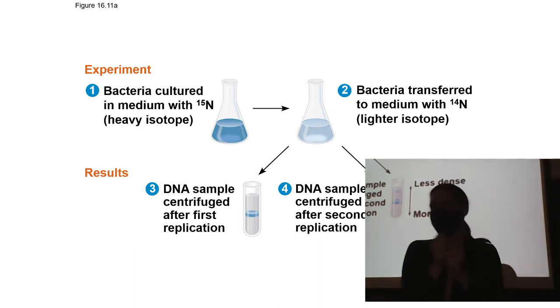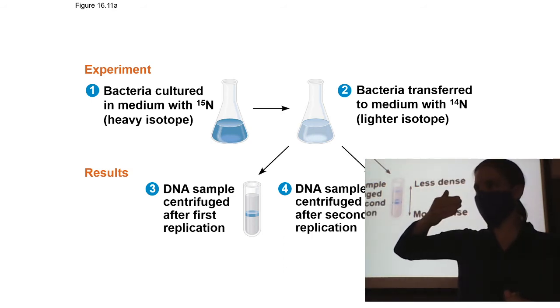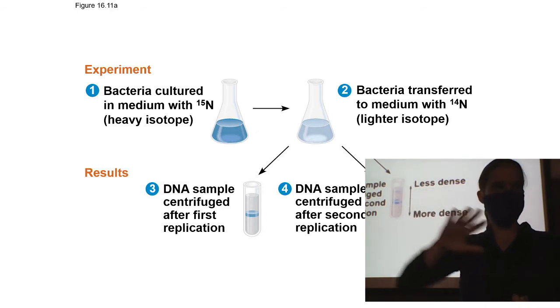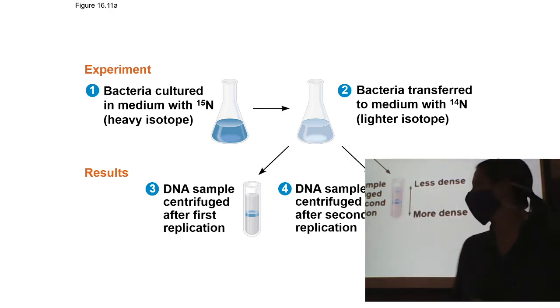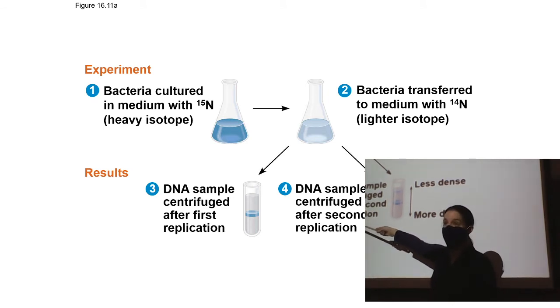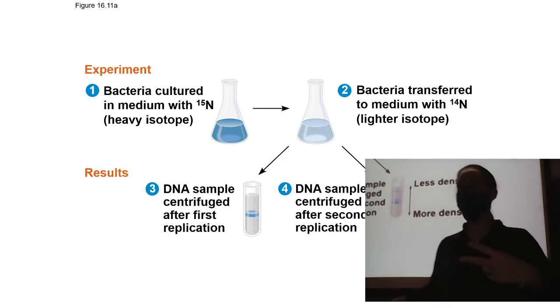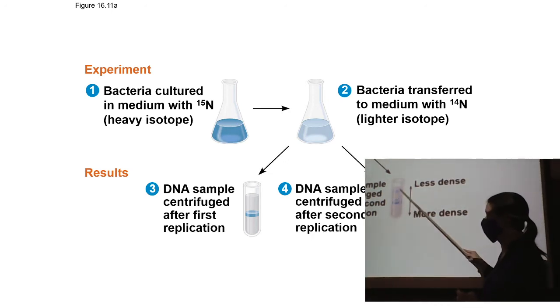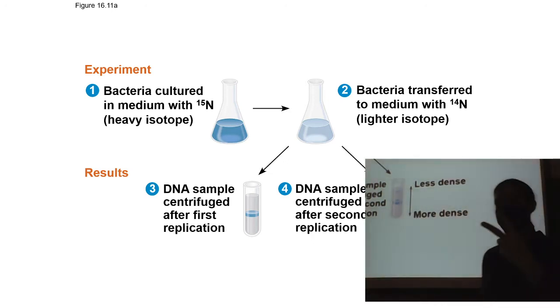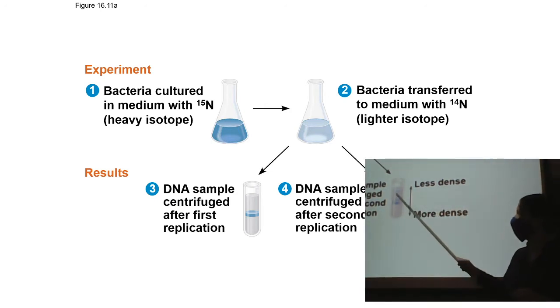After you've done this, the rock's to the far end, and the leaf still is near the top, just because of their densities. You okay with this as a concept? Okay. So, first time they do this, you've got this band here. You wait till it's divided a second time, and do the same thing, and you end up with two bands. You end up with a band that's right here, where this one was, and you end up with a band that's up here.